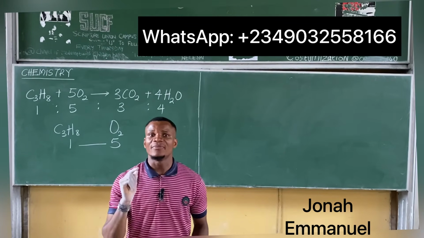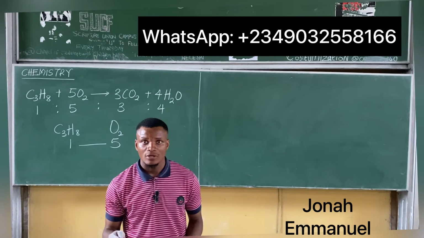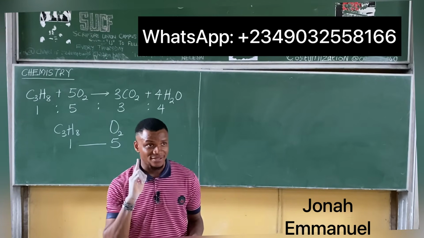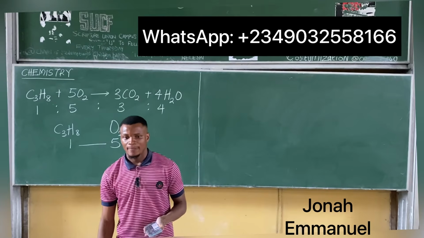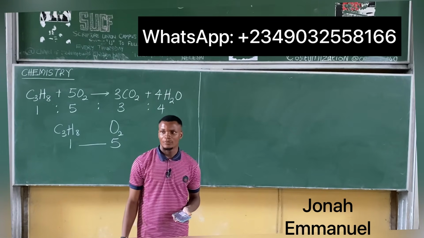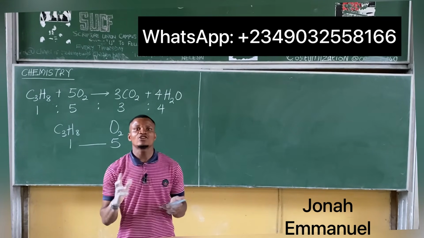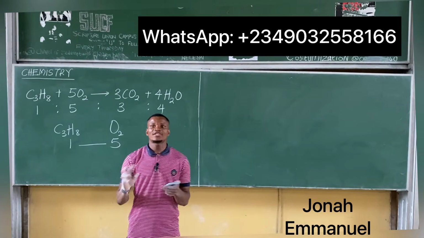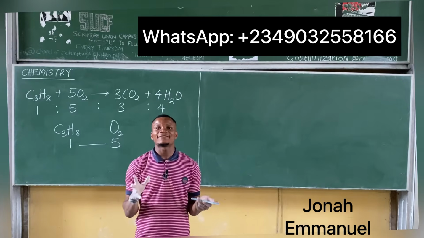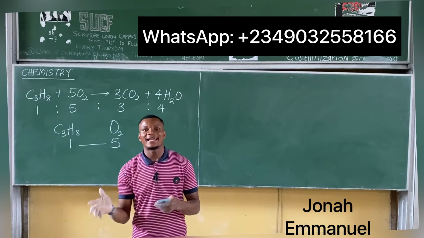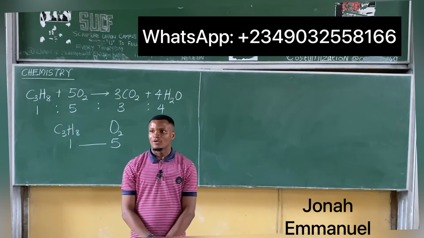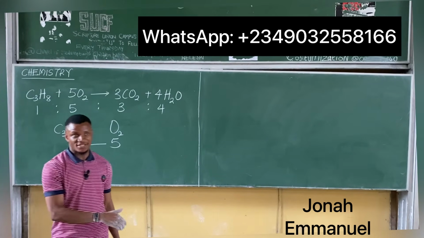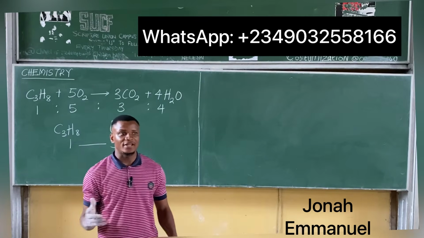Here's my shortcut. Pick out the limiting reagent and work with it. Call the mole of the excess as unknown. Please take down. For questions of this nature, first identify the limiting and excess reagents.